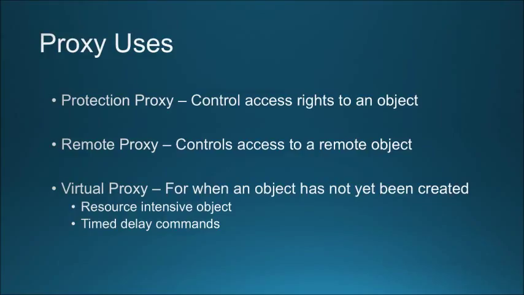So it can call image commands like get width and get height that don't actually load the image. But then it can also call commands like display, and that would actually load the image. So the proxy gives you a way to basically load the image on demand so that you can save your computer resources. Another example of virtual proxy is like time delay commands or acting as a state machine.